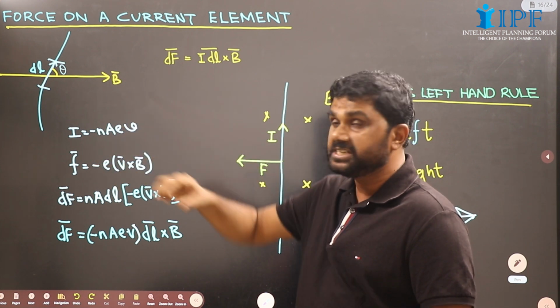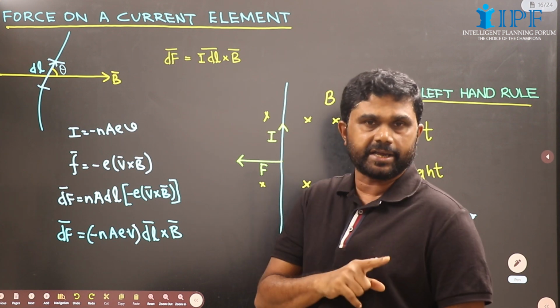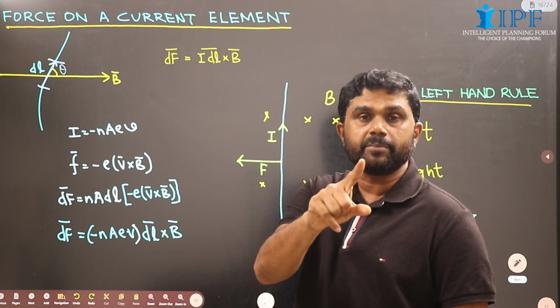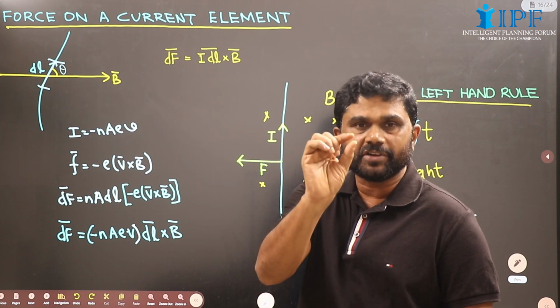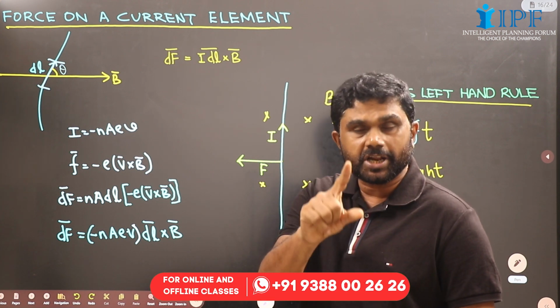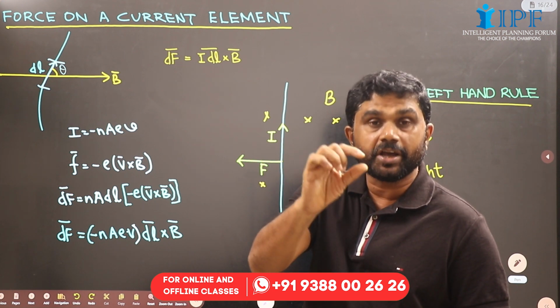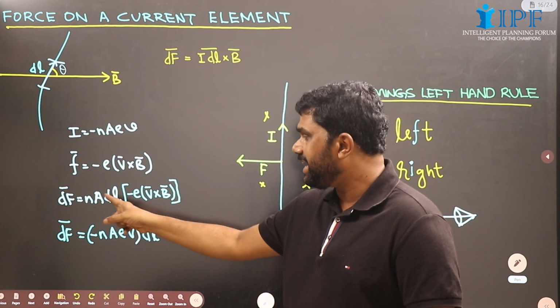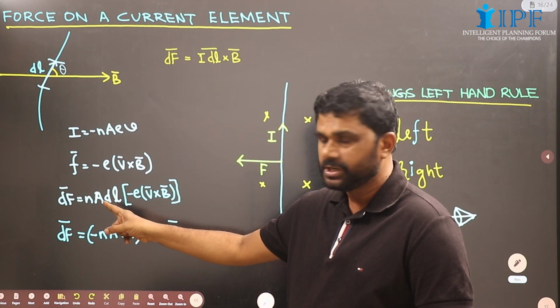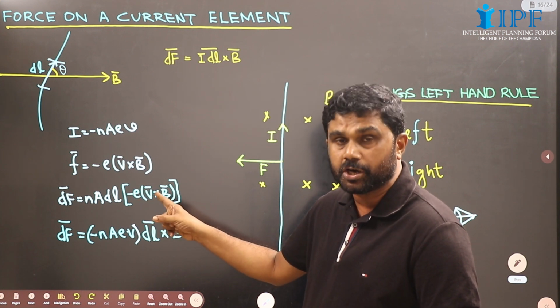And here we are considering a small element of length dl and cross-sectional area A. So the volume of the element will be A dl. Okay, number of electrons in unit volume will be small n. So the total number of electrons in that element will be number of electrons in unit volume into volume of the element, that is A dl. Okay, so nA dl, total number of electrons, into this quantity inside the square bracket, which is the force on each electron.